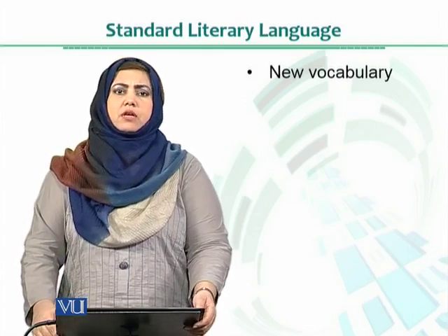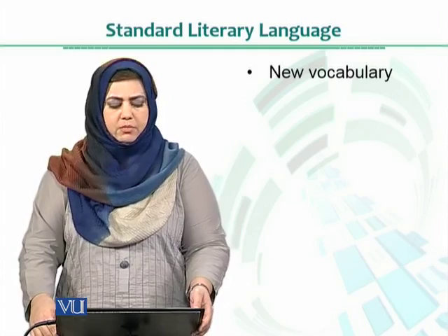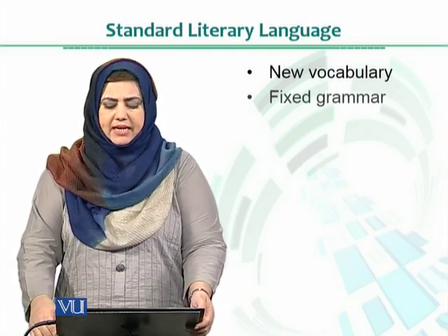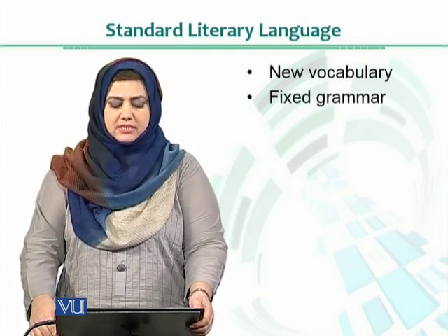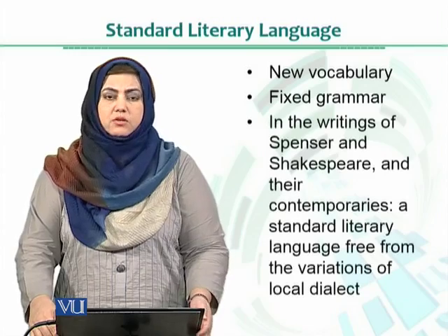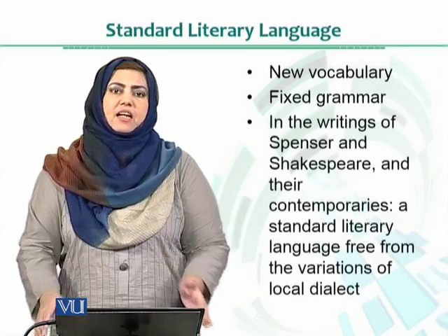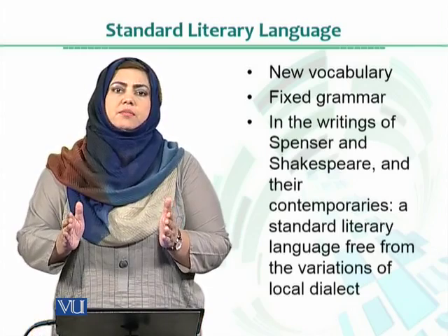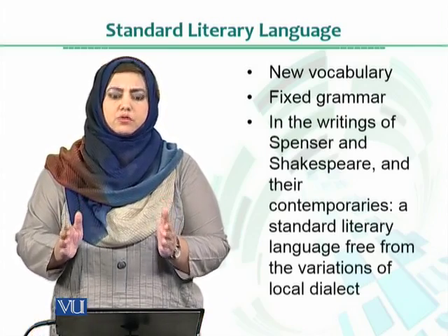Since we are talking with particular focus on the literary form, the new vocabulary that had been established, the fixed grammar, and other changes that had come were quite visible in the writings of those times.